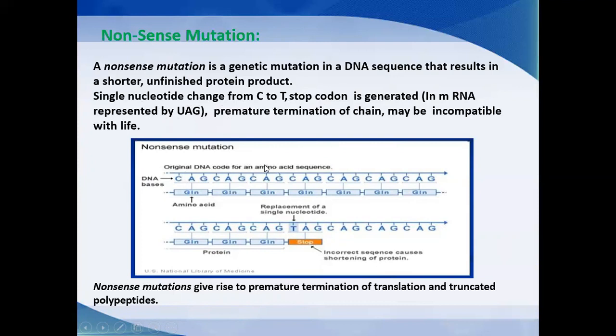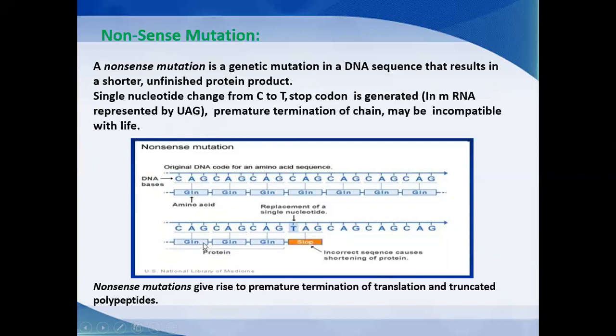So this is the original DNA code for an amino acid sequence. The DNA bases are arranged like this. Here we can see CAG, CAG, CAG. The CAG codon recognizes one of the amino acids, glutamine. In the CAG, the C is replaced with T. This TAG nucleotide sequence in the mRNA represents a stop codon, UAG.